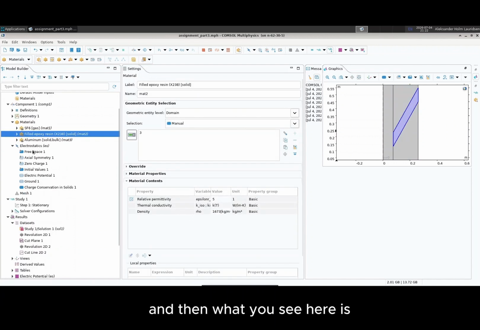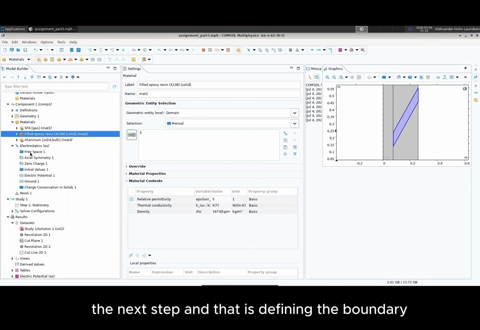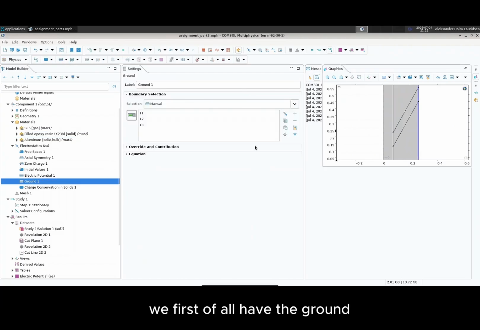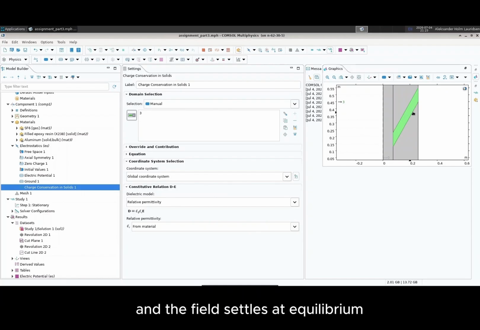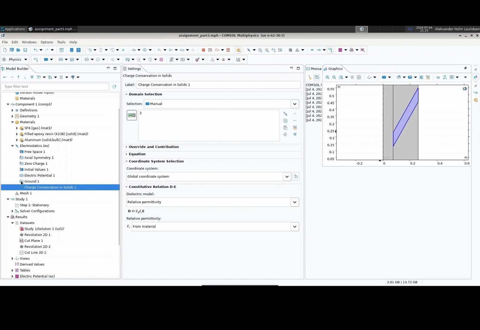And then what you see here is the next step, and that is defining the boundary conditions. First of all, we have the ground. So the pipe here, this is the outer pipe. This is grounded. We treat the epoxy as an ideal solid, no free charges moving through it, so charge conservation is satisfied, and the field settles at equilibrium that satisfies the boundary conditions.